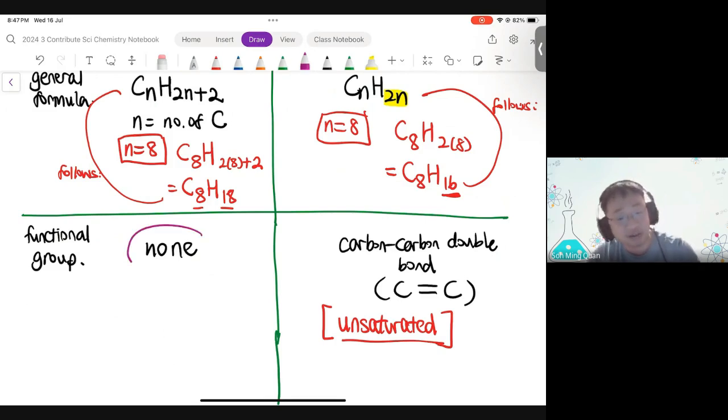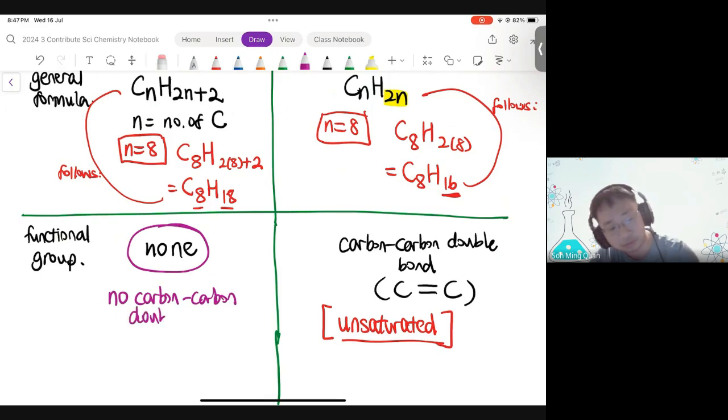Okay? Now, alkenes are unsaturated because they contain carbon-carbon double bond. Alkanes, we just said, don't have a functional group. Alkanes do not have a carbon-carbon double bond. So what that means is that in an alkane, all the bonds are single bonds, single lines between all the atoms. And because of this, we say that alkanes are saturated.